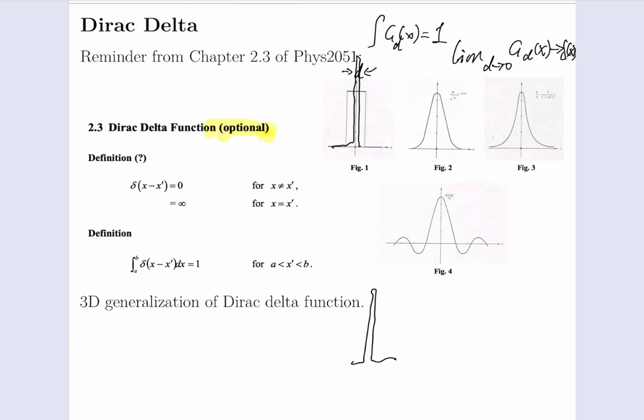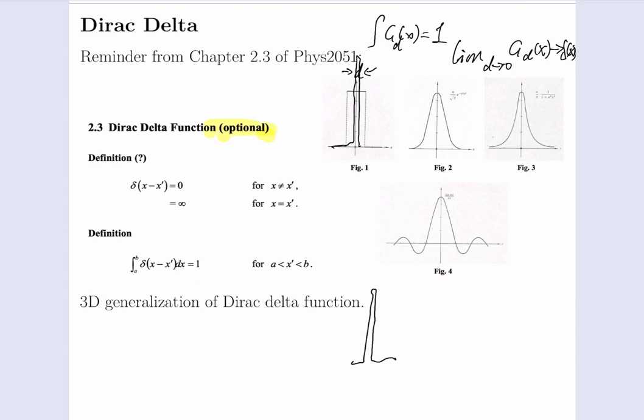However, this is not a complete definition, because you don't know how infinite this infinity is. What really defines this delta function is the additional constraint that if you integrate this delta function, it gives you 1. And it's not any other number.